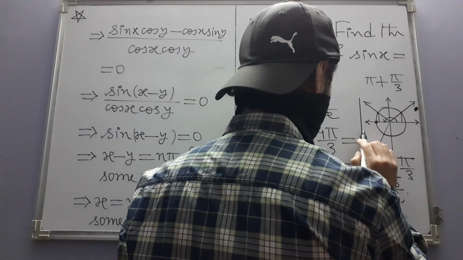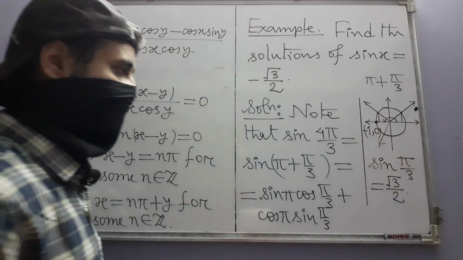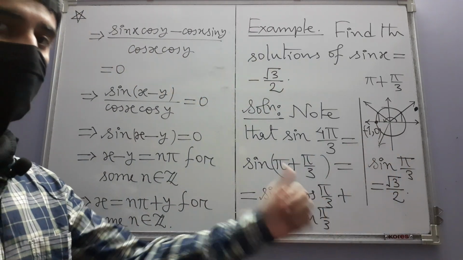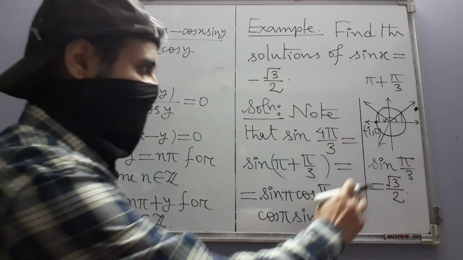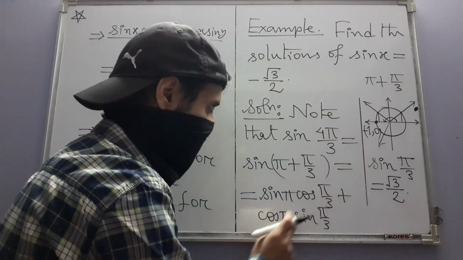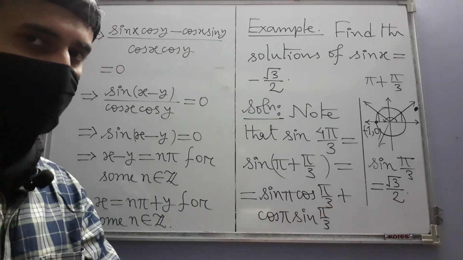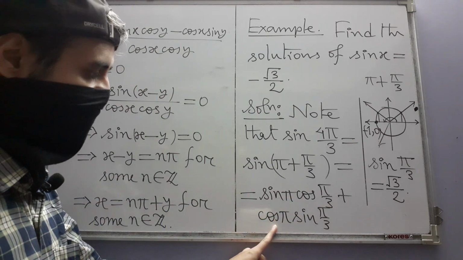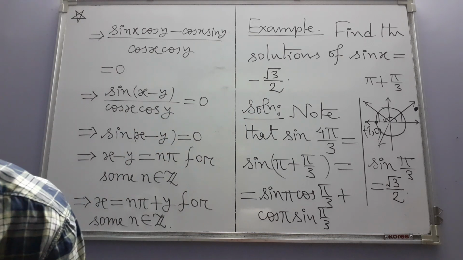The x coordinate is -1, the y coordinate is 0. X coordinate by definition is cos theta, y coordinate by definition is sin theta. So cos pi is -1 and sin pi is 0. So this first term will vanish because we have 0 there. And here, because of cos pi, we will have a minus sign.